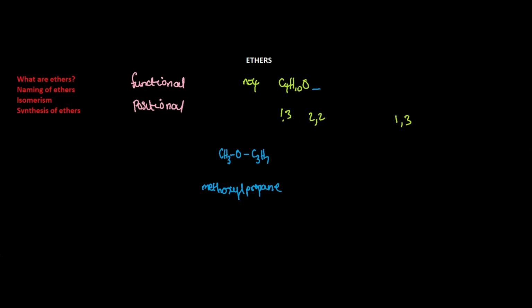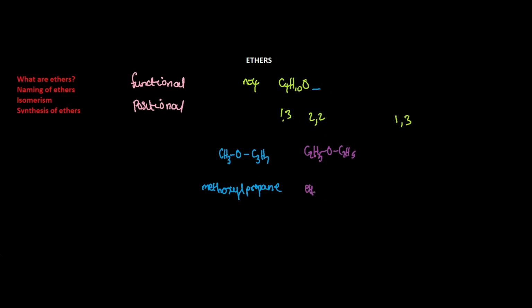Now in a situation where we have two carbon alkyls on either side, we would have something that looks like this. We'd have C2H5O and C2H5O. So in this case, we have an ethyl on this side and an ethyl on the other side. So we can consider any of them to be the longer chain.